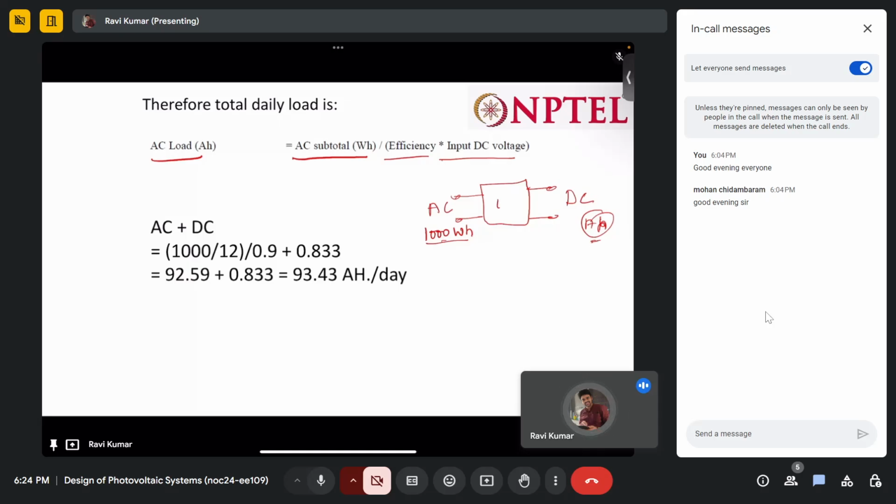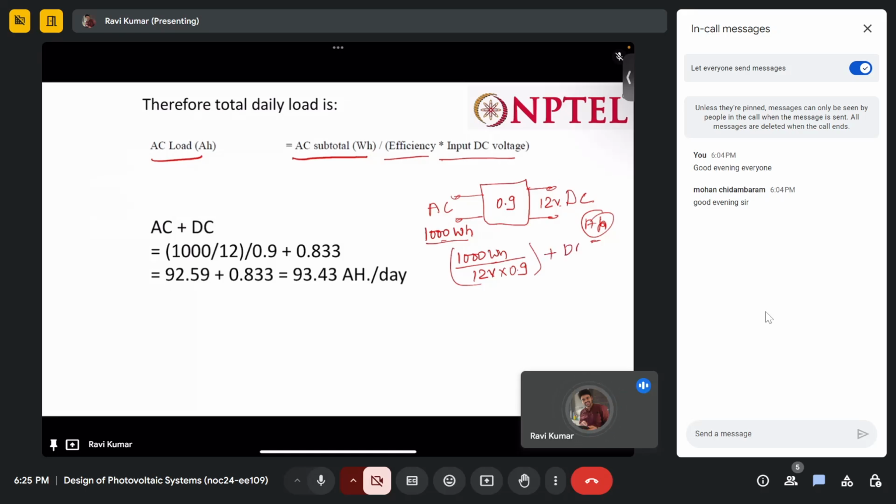The efficiency is 0.9 and it is of 12 volt. So what we will do, we will divide 1000 watt hour by the 12 volt and by the efficiency. So this will be the AC, plus we will have DC.